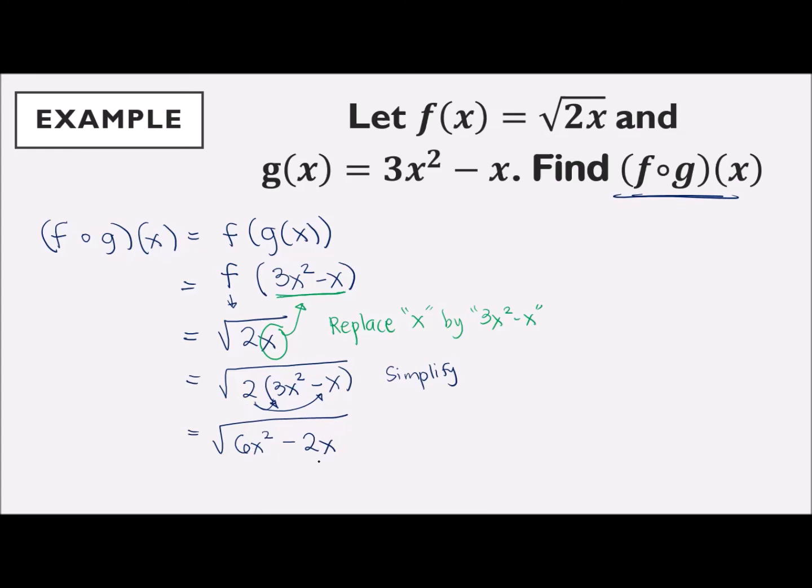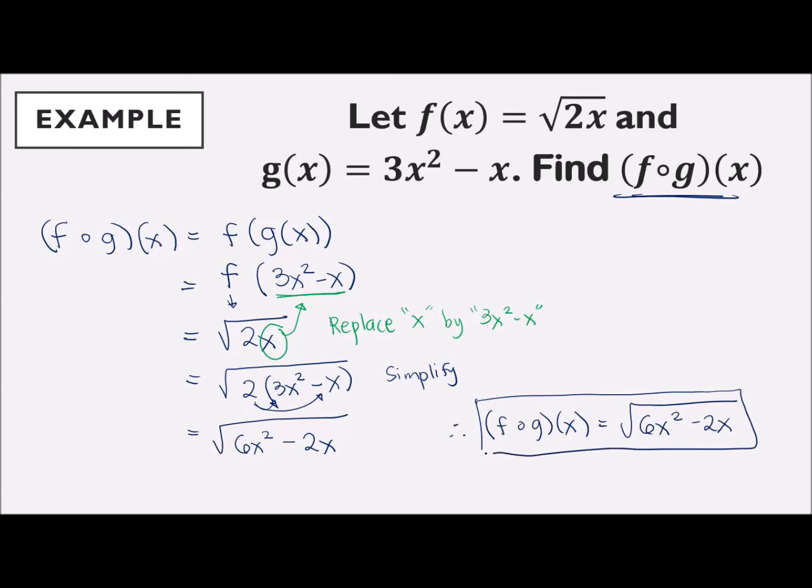So, hindi naman pinapakuha ang value ng x. So, yan na po yung final answer. Pinasimplify lang sa atin. Kaya ang final answer natin dito ay square root of 6x squared minus 2x. Kasi kahit anong gawin natin, wala ka nang pwedeng i-simplify. Kundi yan na yun. Okay?